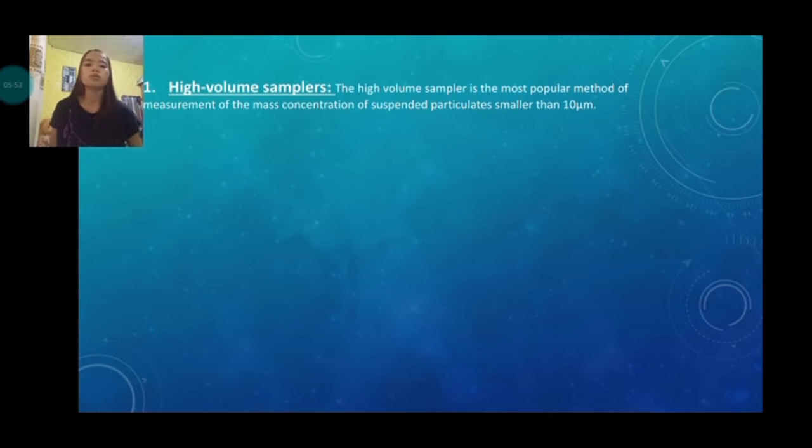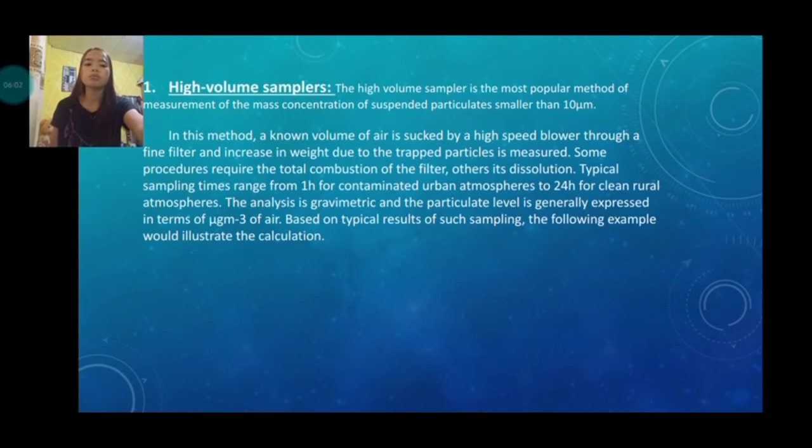So first of the sampling methods is high volume samplers. High volume samplers are the most popular method of measurement of the mass concentration of suspended particulates smaller than 10 micrometer. In this method, a known volume of air is sucked by a high-speed blower through a fine filter. An increase in weight due to the trapped particles is measured. Some procedures require the total combustion of the filter, others its dissolution.